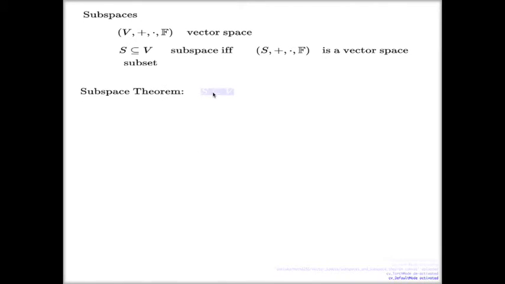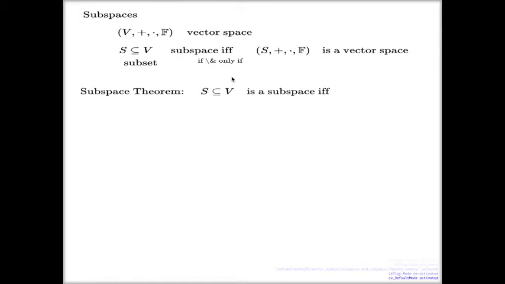It says this: a subset S will be a subspace in these terms if and only if, this writing IFF, you extend it as if and only if. I used it once already.